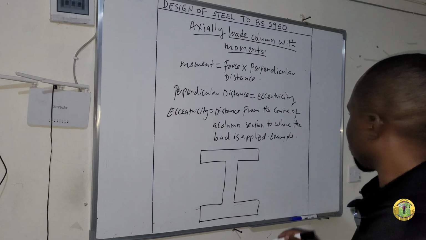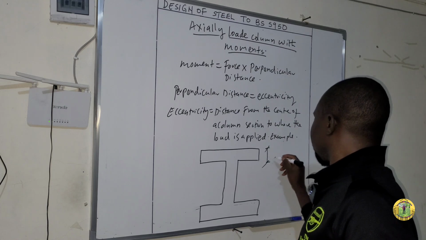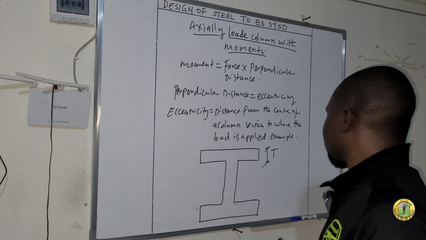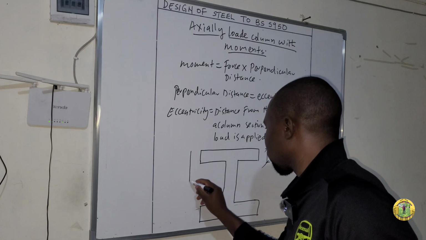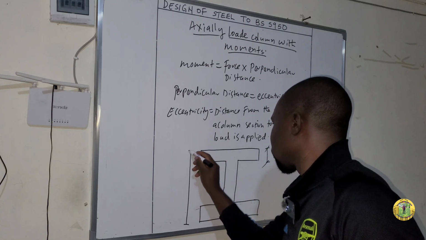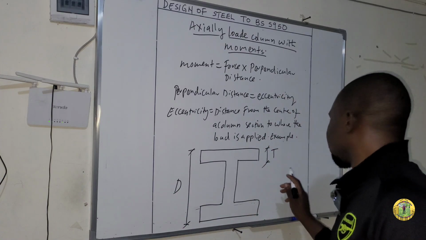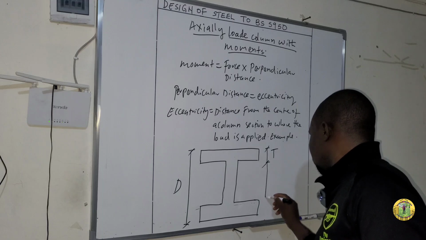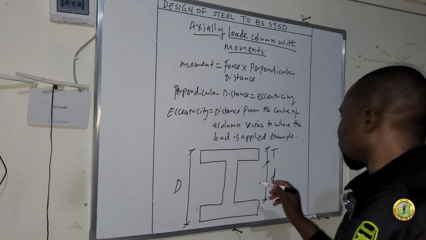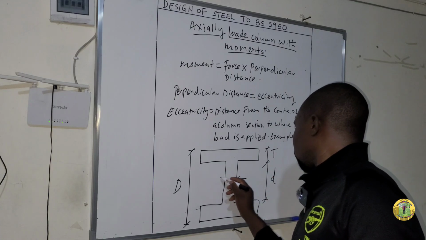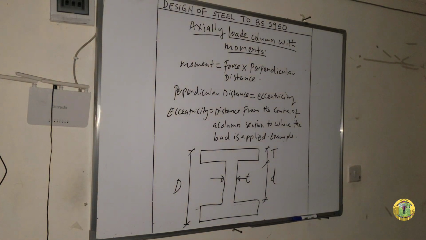This distance is what we call flange thickness, or T. And this distance from here is D, capital D. And this distance is small d. And this one is small t.